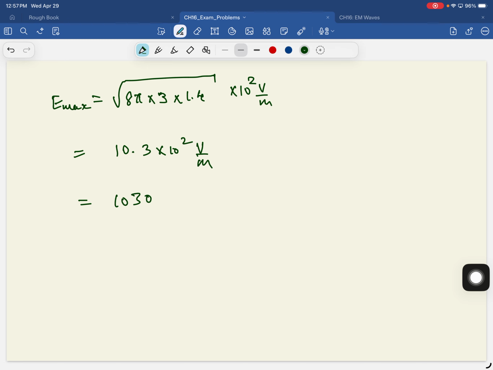So about 1030 volts per meter. That is the amplitude of the electric field in sunlight when it reaches Earth.